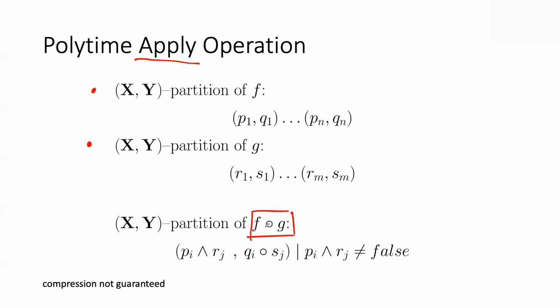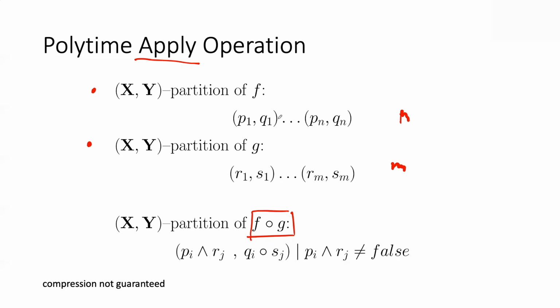It turns out you can do it this way. Take every possible combination of a prime for f and a prime for g. So pick any p and any r. Look at all combinations. I have n of these and m of these, so in principle, I have n by m possibilities. These would be the primes for the result, as long as their conjunction is not false.